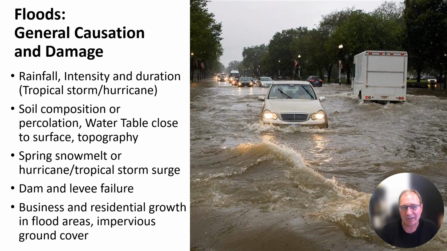General flooding: rainfall intensity and duration, soil composition, water table, and then in other parts of the country, snow melt, but certainly here, storm surge, tropical storm surge, dam failure, levee failure, and then because of the amount of impervious ground cover and how much we've done to either pave areas or put down large amounts of either concrete, asphalt, something that's an impervious ground cover.